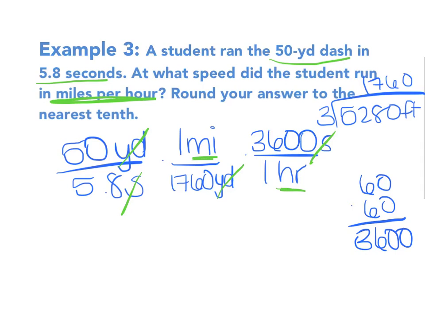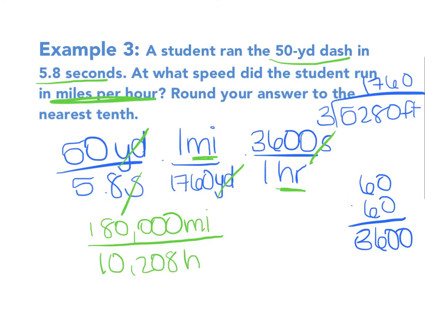So 50 times 3,600 is 180,000. Still left with miles. And then 5.8 times 1,760 is 10,208, and we're left with hours.